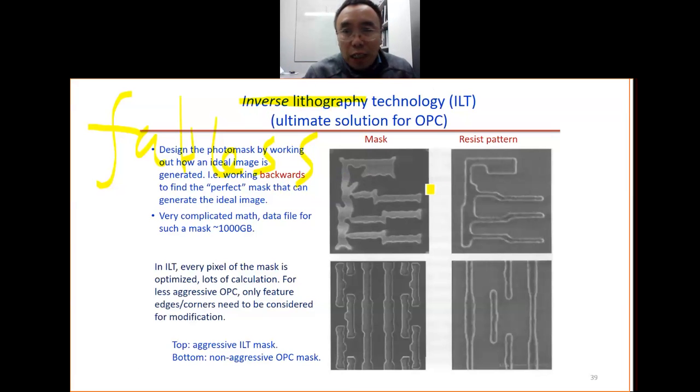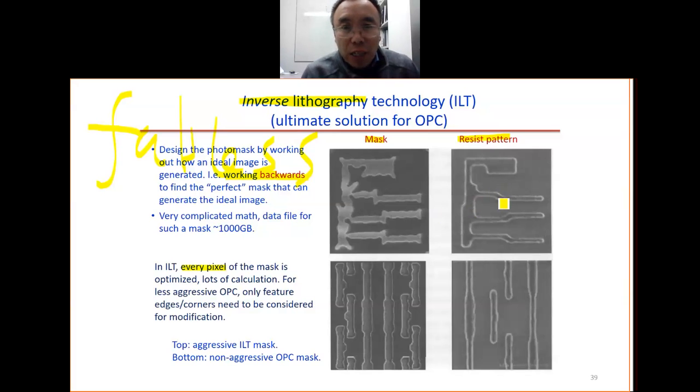The idea is that we know what we want. We know we want this resist pattern. Then we work backward to find out the photo mask, the mask design that can give you this kind of resist pattern. Every pixel of the mask has to be optimized by numerical simulation, until we get the light intensity profile as we want.